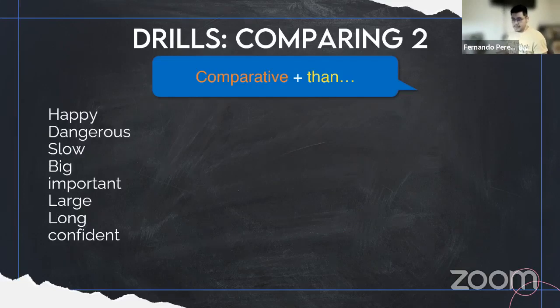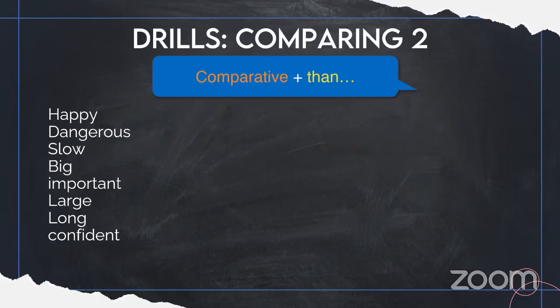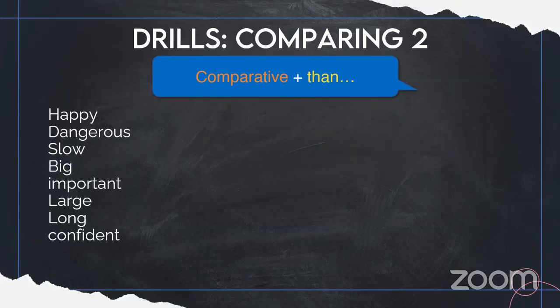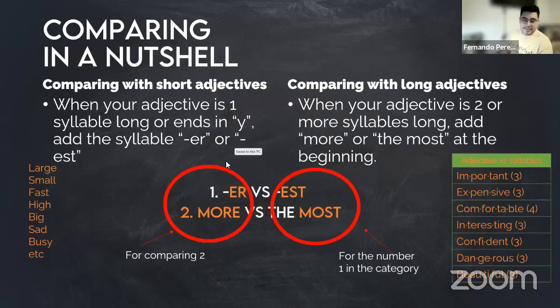Please, Val, compare two happy people, one over the other. For example, when I say happy, you tell me if we need to put er or more. Read these two rules.